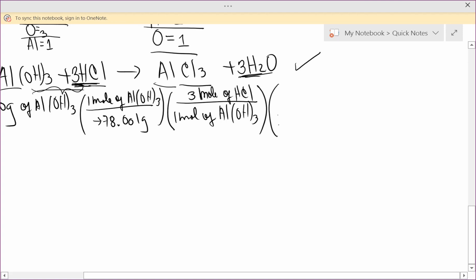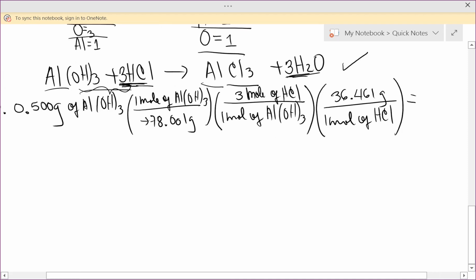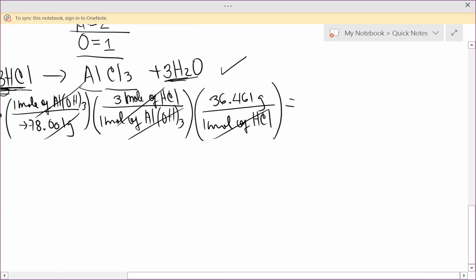So 1 mole of HCl is equal to 36.461 grams. We cancel all these units out. Grams per gram, mole per mole, mole, and we get the grams of HCl, which is equal to 0.71 grams of HCl.